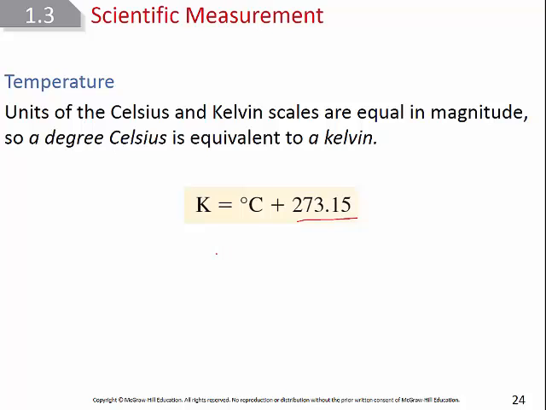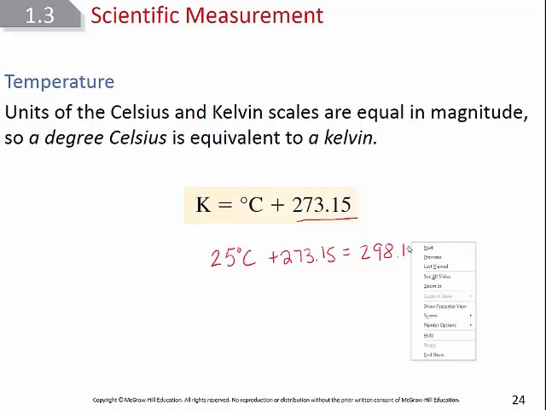So for example, if you had a temperature of 25 degrees Celsius, which is often considered room temperature approximately, you add 273.15, and this would give you a temperature of 298.15, and this is in Kelvin. Not degrees Kelvin, but simply Kelvin, which is an uppercase K. And this is the base SI unit for temperature.